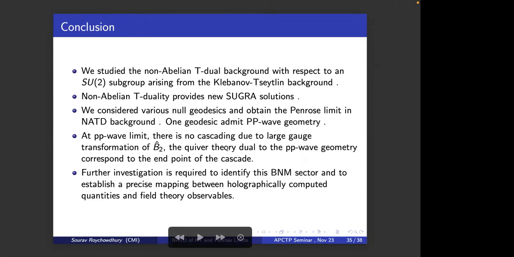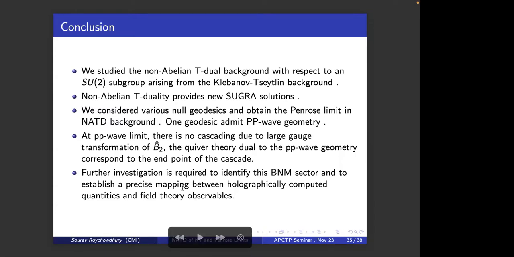But we couldn't get this BMN sector in our work. There is also a need for a precise mapping, a one-to-one correspondence between these holographically computed quantities, the closed string modes, and the field theory observables.